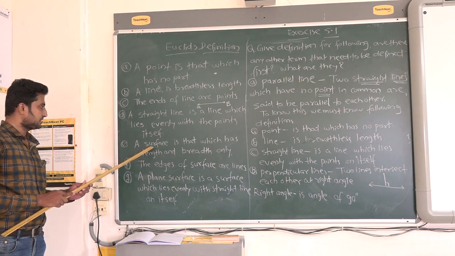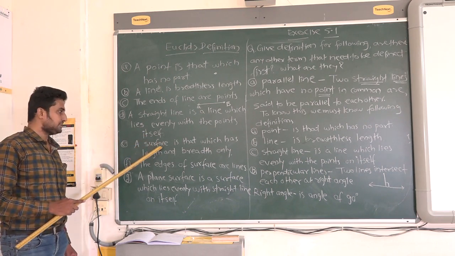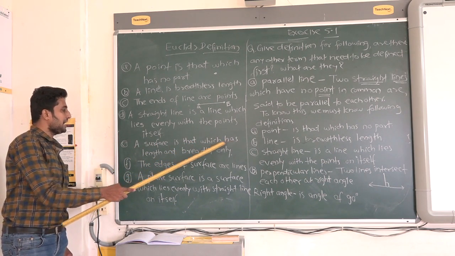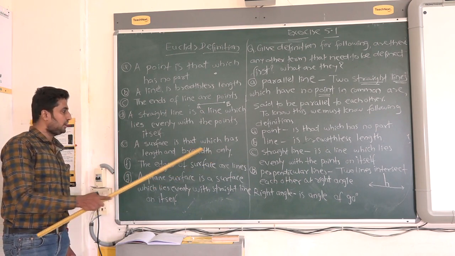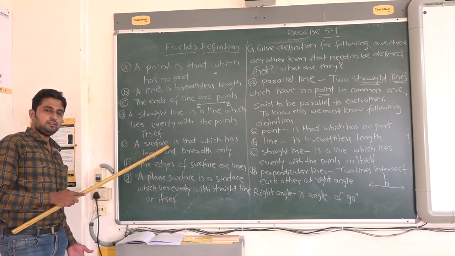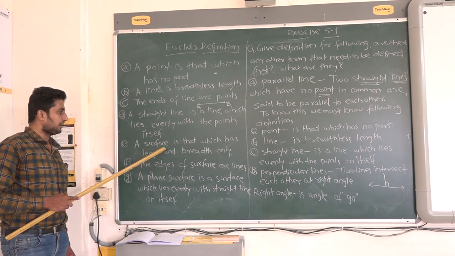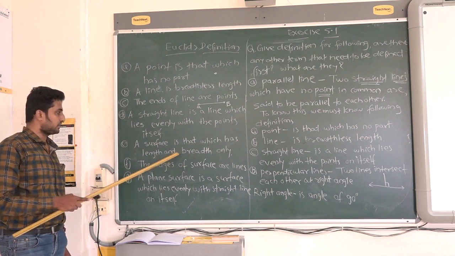This is the definition of a surface. So what is meant by a surface? A surface is that which has length and breadth only. As we know, a surface contains length as well as breadth. That's why any surface consists of two different aspects.